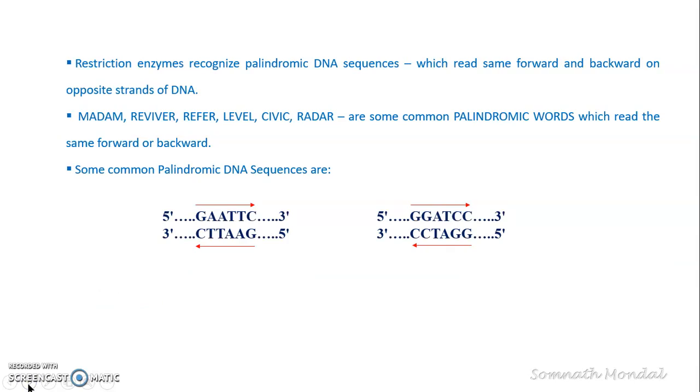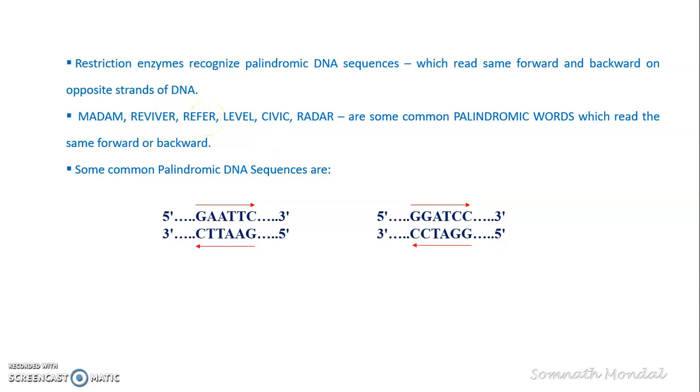Now, restriction enzymes recognize specific palindromic DNA sequences which read the same forward and backward on opposite strands of DNA. These are some common palindromic words like madam, reviver, level, civic, which read the same forward or backward.